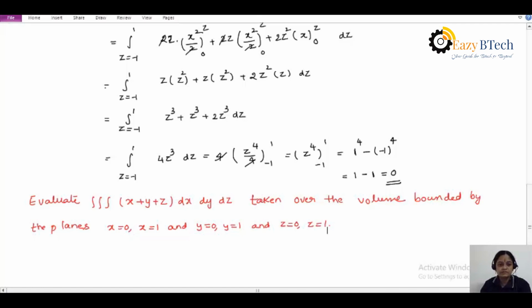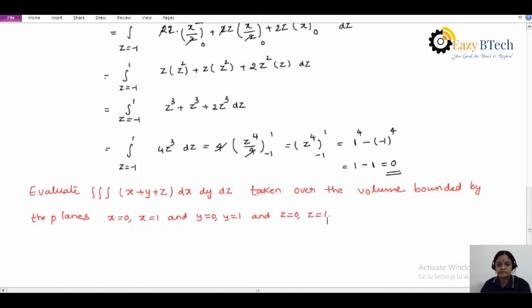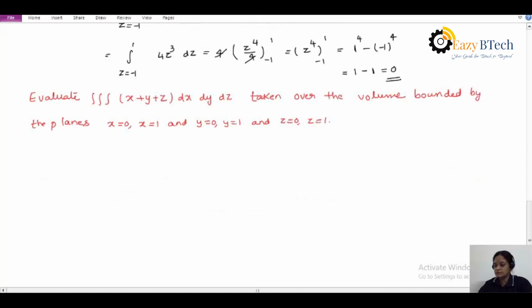Okay students, so now finding this triple integration taken over the volume bounded by the planes was given here.